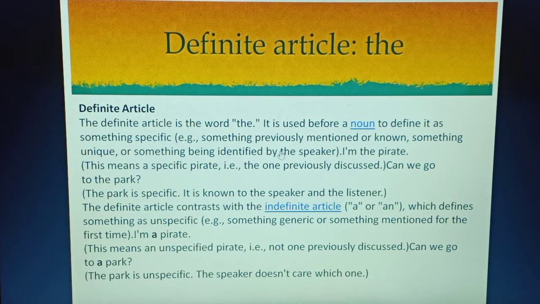The is also always used before the superlative degree of adjectives. And the is used before the names of directions, mountain ranges, newspapers, seas and oceans, historical buildings, holy books, rivers. Okay.